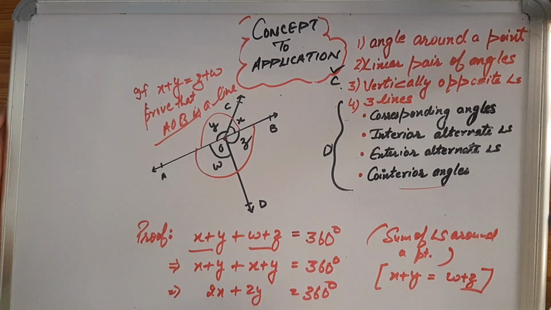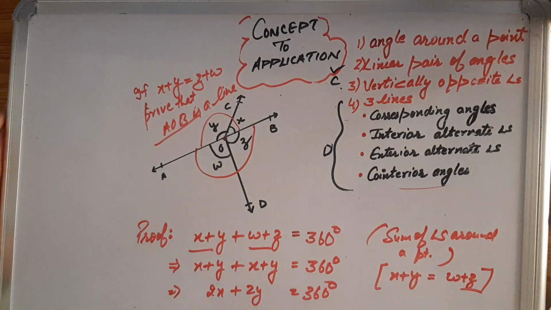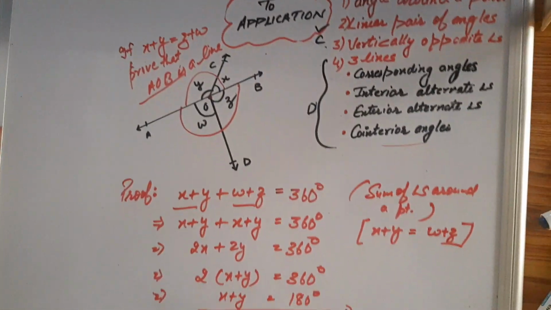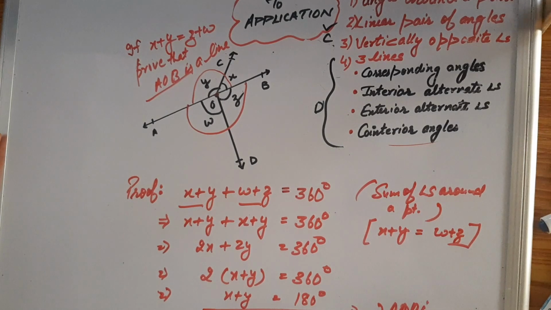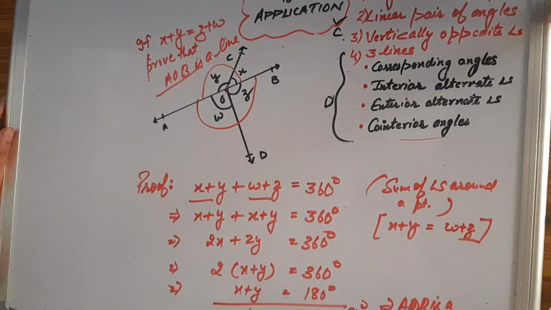If I take 2 common, factorization is always important to reach our result, which gives us X plus Y equals 180 degrees. That means angle AOB equals 180 degrees, which implies AOB is a line. Got it?